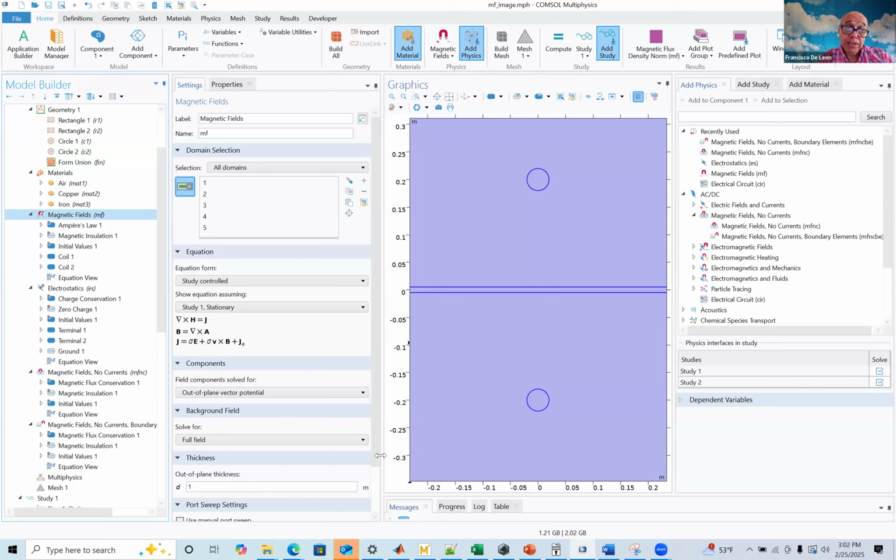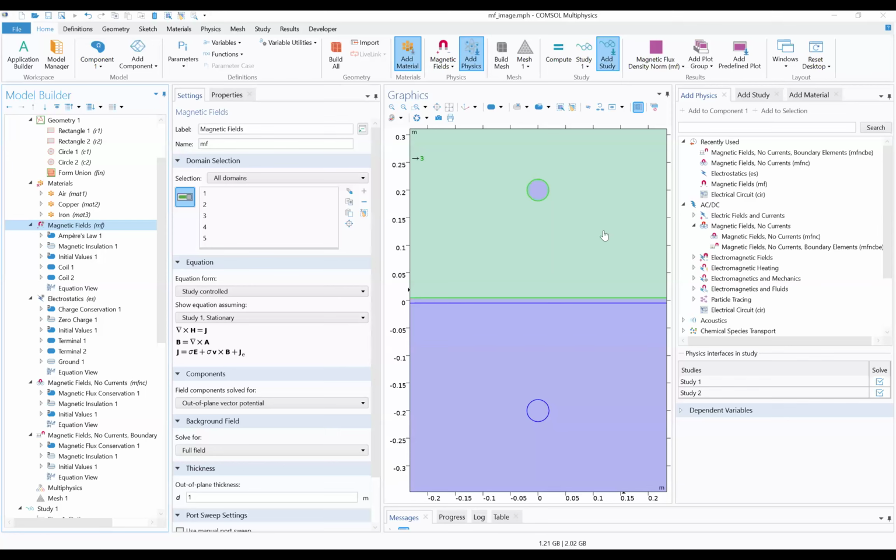So in that equation you will have impressed currents, DC currents, and AC currents. The way I like to see this is that the left term is DC currents: J equals sigma E. That's a DC current.